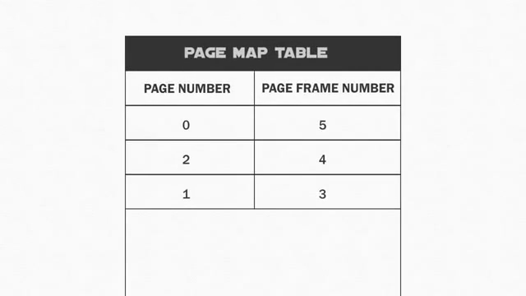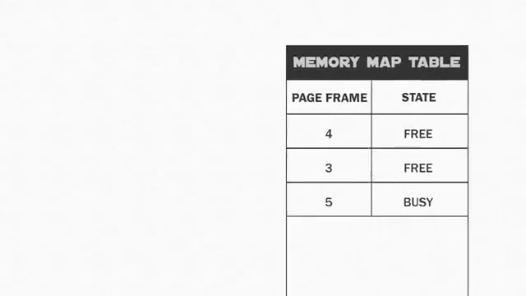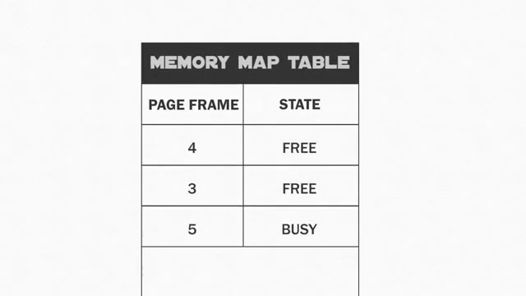The page map table contains important information for each of the pages, the page number, and its corresponding page frame memory address. Finally, the memory map table has 1 entry for each page frame, listing both its location and a status informing whether it is in a busy or free state.